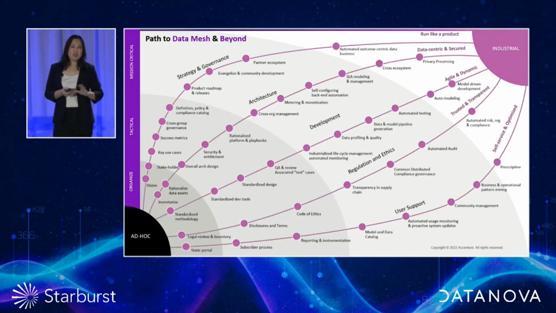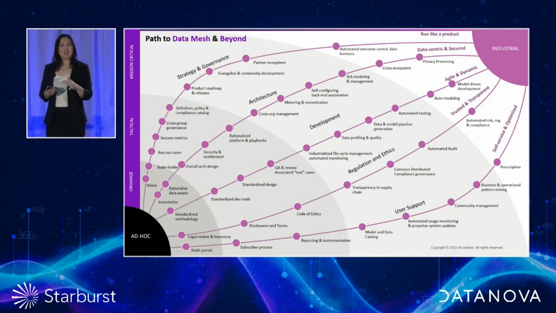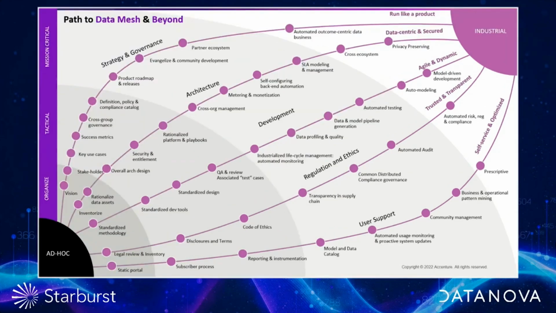There's other dimensions that are just as important that need to be thought through. And well, this shouldn't be scary. It's more meant to be a checklist, right? So just like hopefully I've shown that initial arc that we've checked how to do that, we also have some things you could check. So thinking about an architecture that supports data products, thinking about a development, a data ops process that supports the development and consumption of data products, thinking about regulation and ethics.